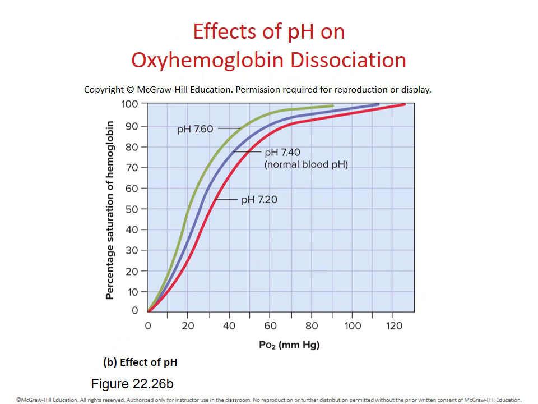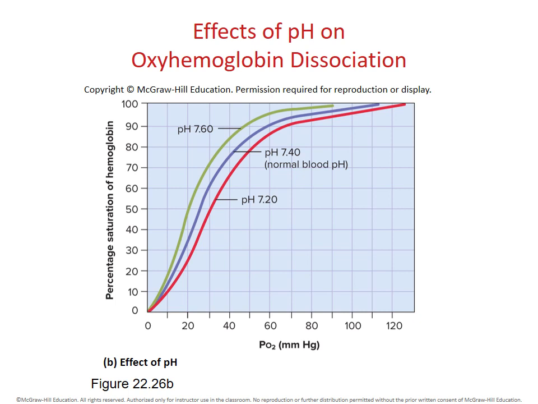Our next graph shows the relationship between pH and CO2 levels and the hemoglobin molecule. Again, remember this is referred to as the Bohr effect. And also remember that pH and carbon dioxide tend to fluctuate together. So once again, in the center we see a blue curve which represents typical pH of the blood of about 7.4.